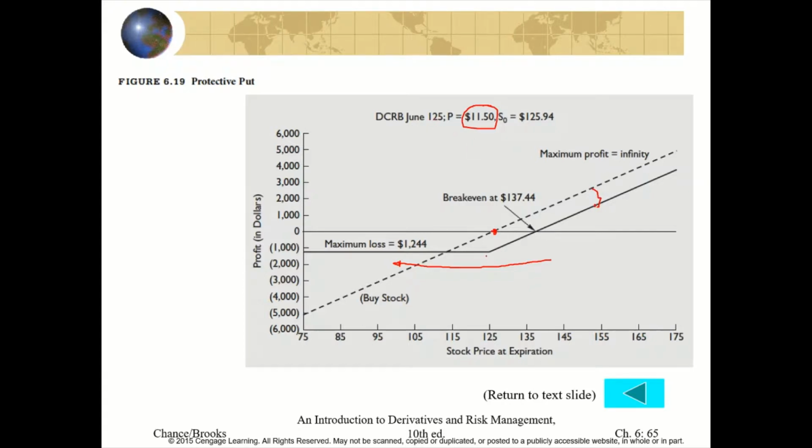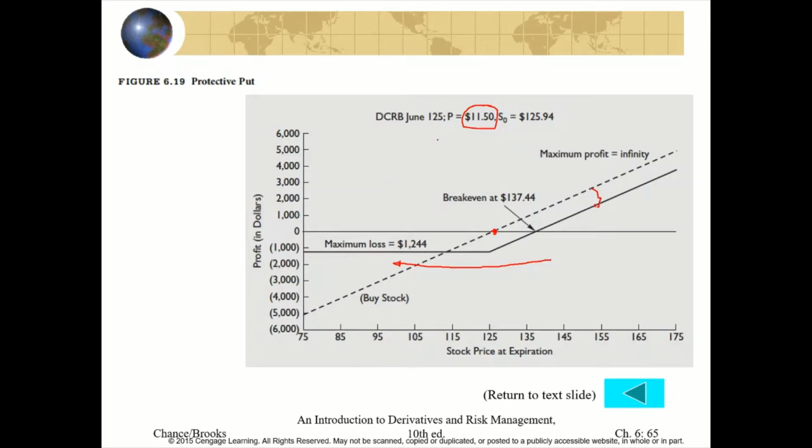So at any price lower than 125, I protected myself by being able to sell the stock for 125. So there is a floor for my value of the stock, which is 125.